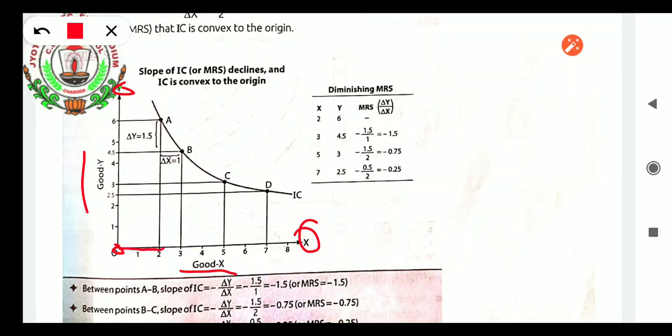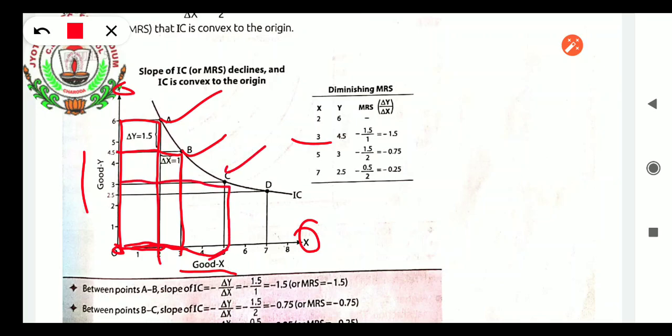Goods X is 2 units and Y is 6 units. Meeting these 2 points, you get point A. Now the second is 3 and 4.5. 3 is X, extend up to 3. And 4.5 here in the table, if you join 4.5 and 3 you will get point B. Now the next point, on the scale, 5 and 3. 5 on the X side, so here it is 5 and here it is 3. So here you get C.